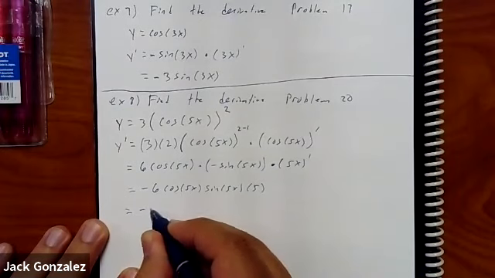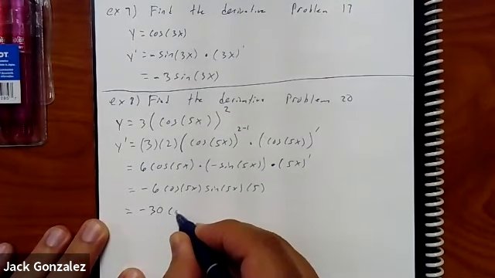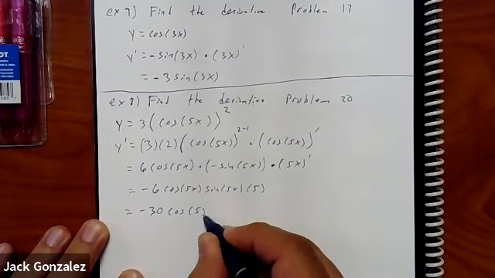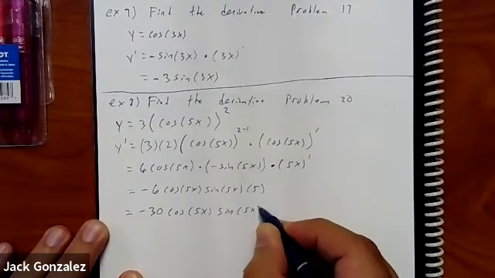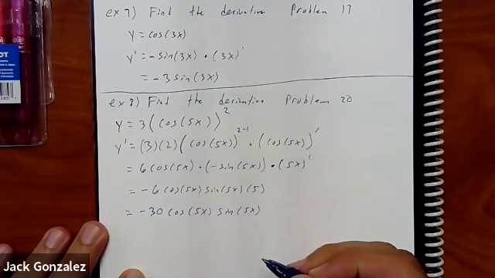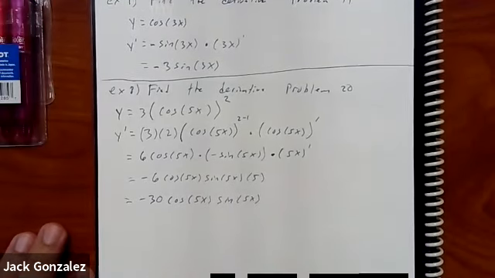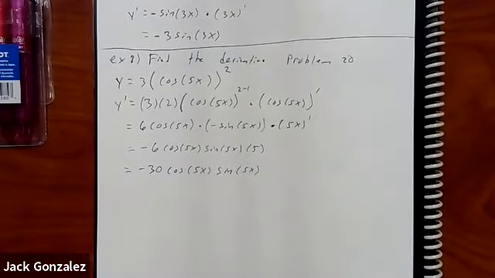So we get -30 cosine of 5x times sine of 5x. Any question about this problem?